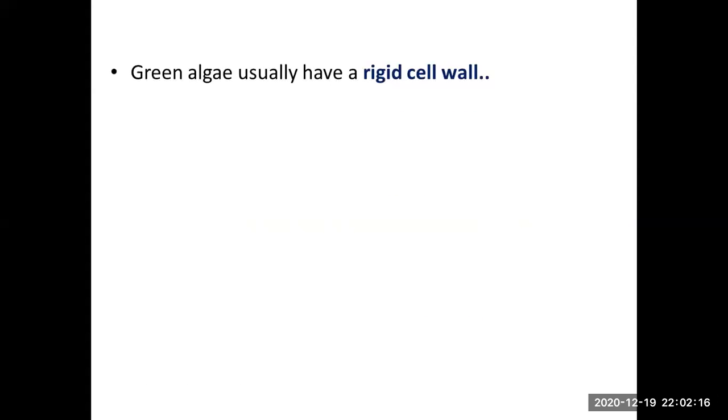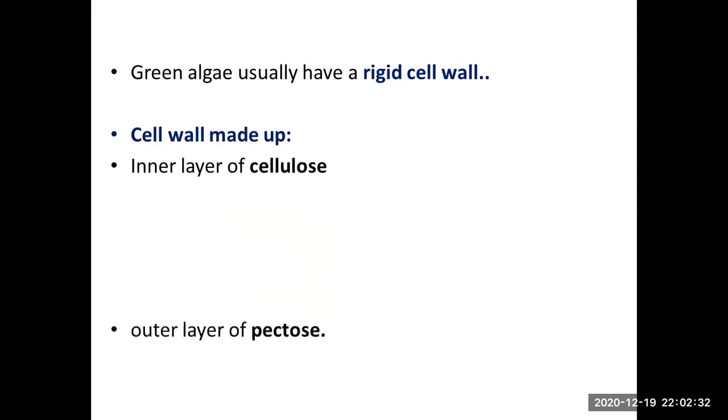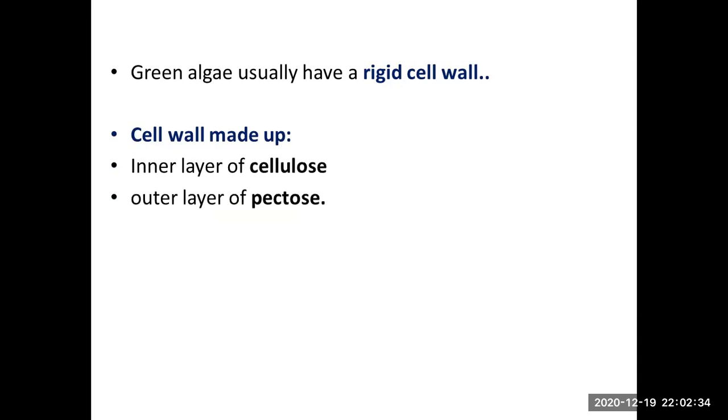Next, the cell wall. The cell wall of green algae is rigid, made up of cellulose and pectin. The inner layer is made up of cellulose, and the outer wall of green algae is made up of pectose.